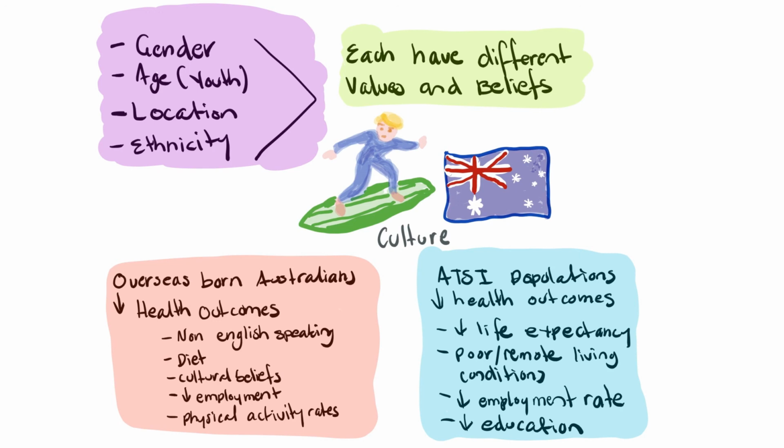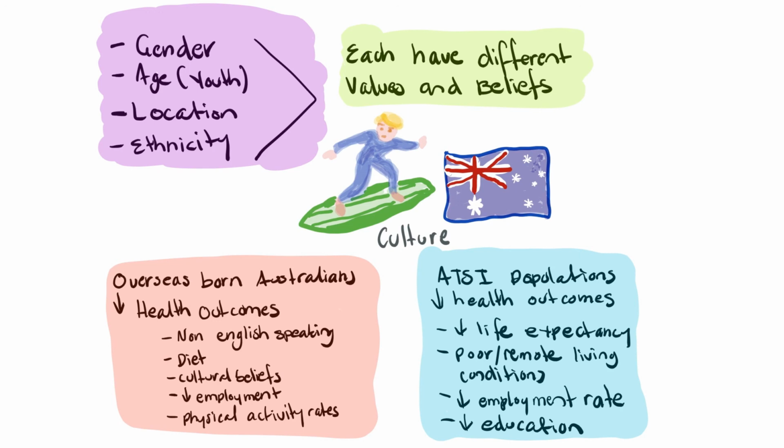Because they're non-English speaking, they generally have lower employment rates because they find it difficult to seek jobs because they have difficulty speaking English. And also, some of these cultures may have decreased physical activity rates because of specific cultural beliefs. So, for example, in some cultures, females are not encouraged to engage in physical activity, so this can have an impact on their overall physical health.